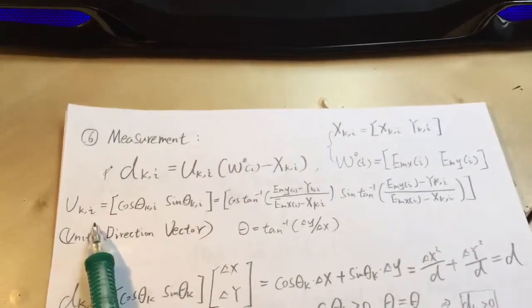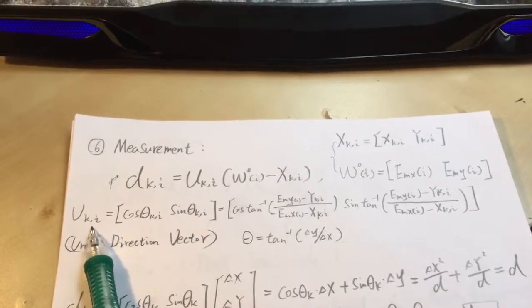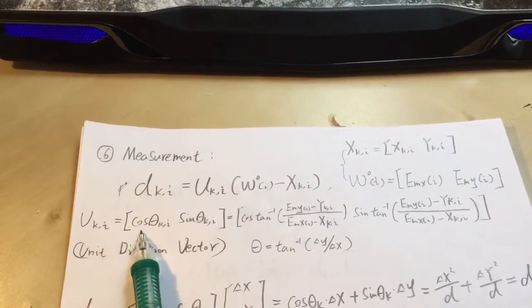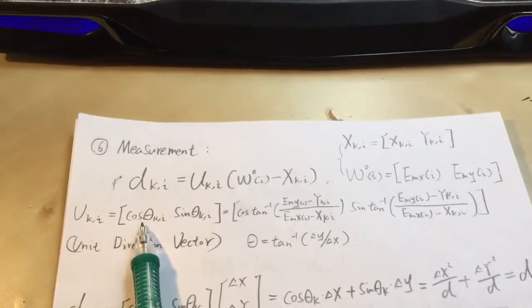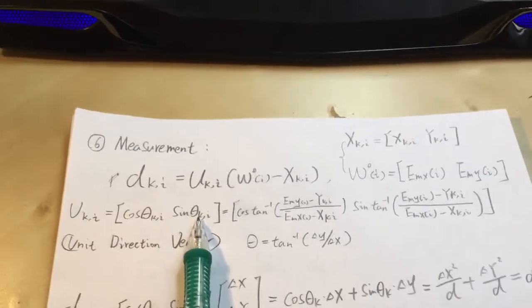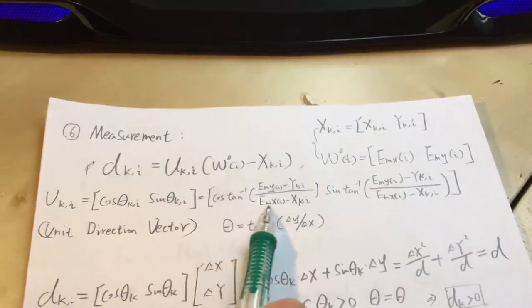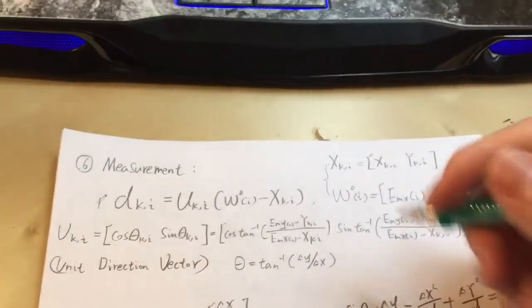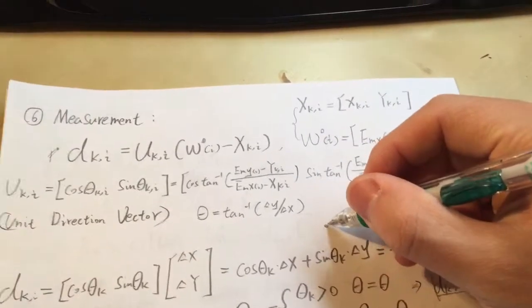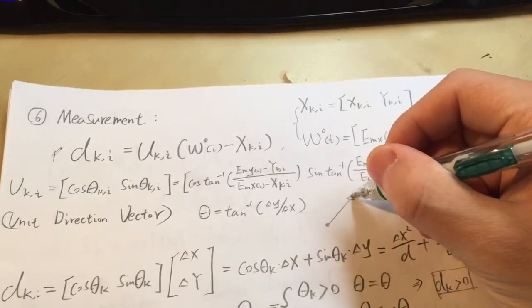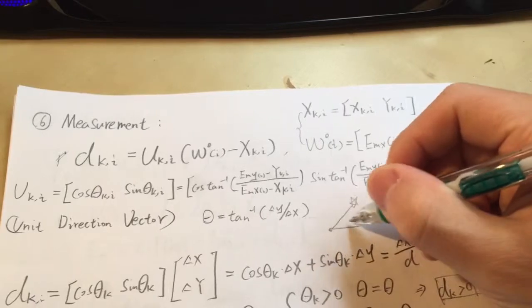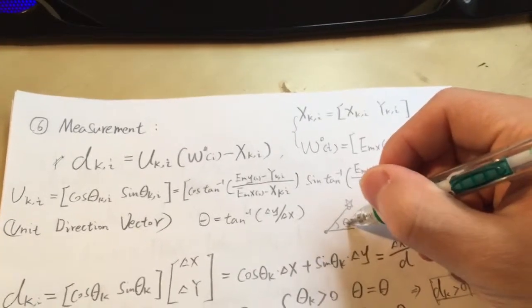The unit direction vector u_k equals cosine theta, sine theta, where theta represents the angle from the sensor location to the target. Here is the theta.